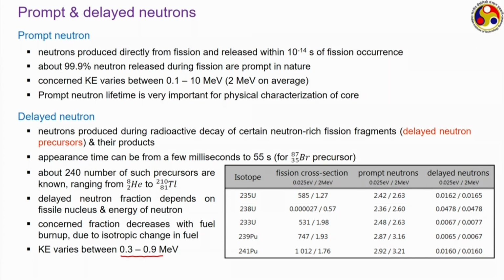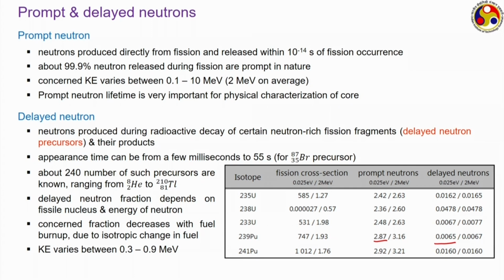Prompt neutrons have a very important role in the physical characterization of the core, but for delayed neutrons, the question definitely is coming to your mind that while it is such a small fraction, less than 0.1%, sometimes even lesser, like we can always compare these numbers, 2.87 and 0.0065, why do we at all need to bother about the delayed neutrons?